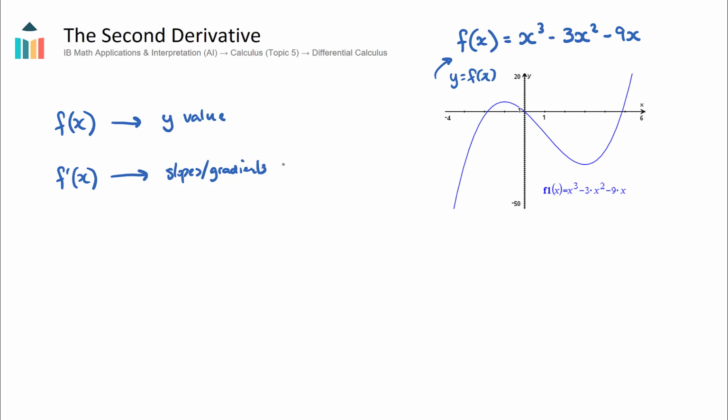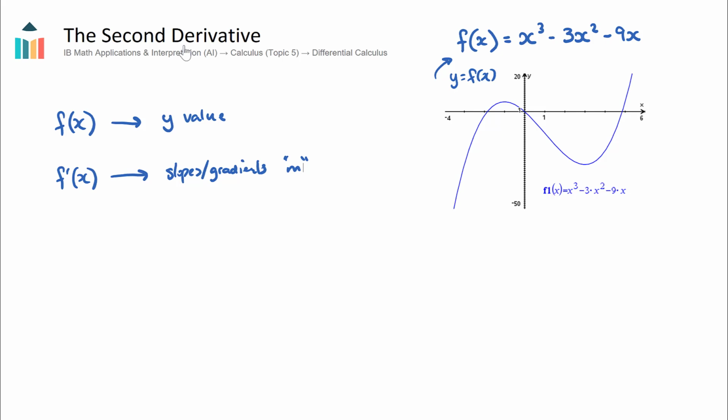This is often written as m for gradient. If we substitute any value for x into the first derivative, the output result is m, the gradient of the curve at that x point.